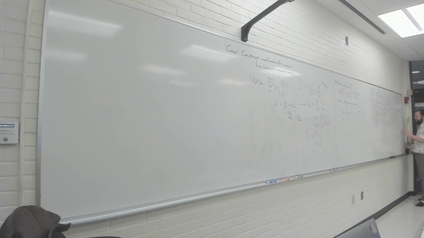If this is position atom 2 and this is atom 1, then the wave function for atom 2 looks like this. That's atom 2's wave function, so this is psi 2. And psi 1 looks like this, psi 1.